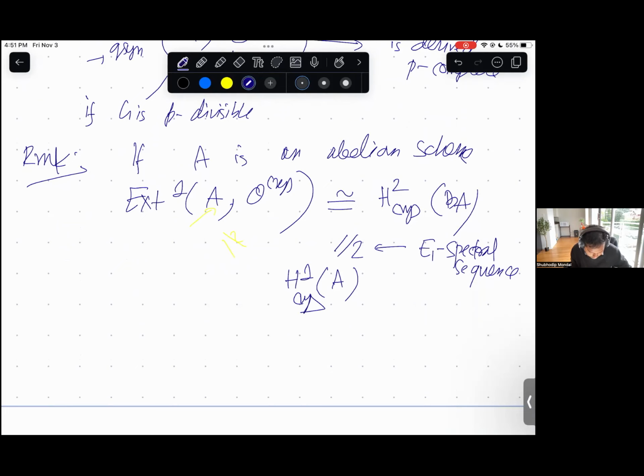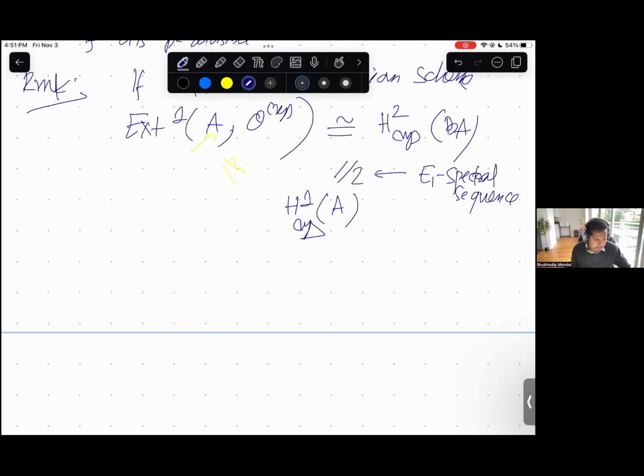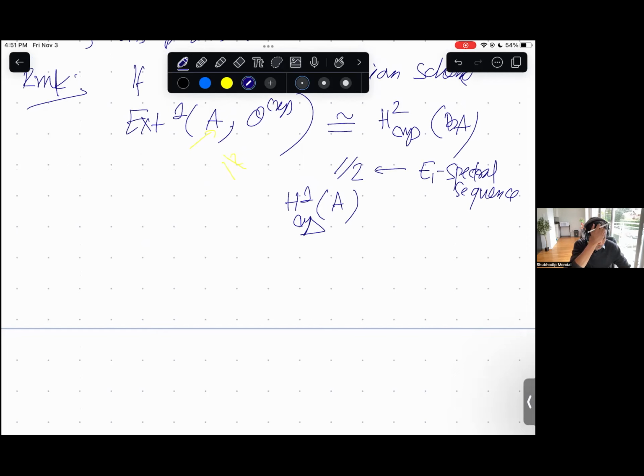Okay, so for completeness, let me also mention how this works to compare with the filtered prismatic Dieudonné module.